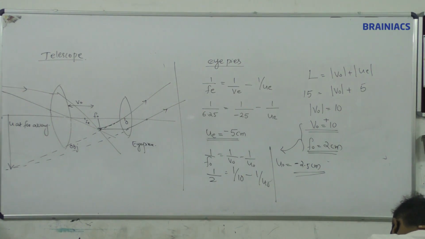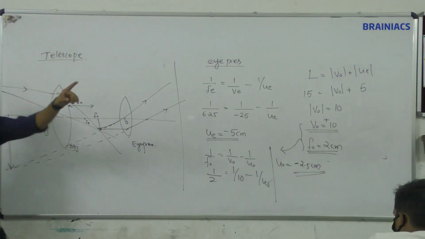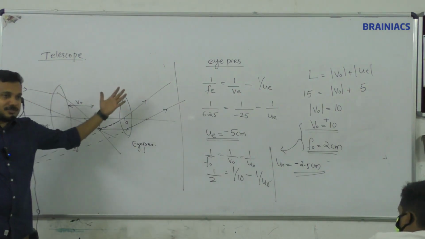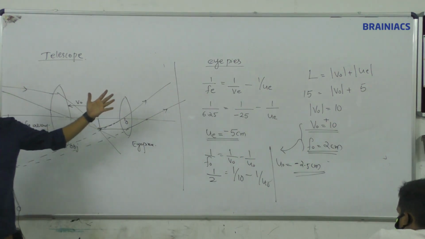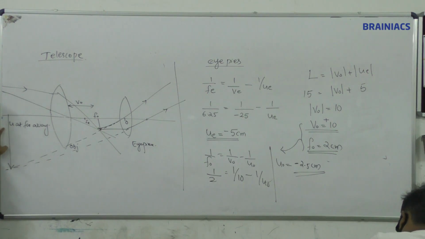Why am I saying it is not zooming? The object is very far away, but comparable to that, the image is not very far away. So I am not zooming the image. Actually my image is a diminished image only. If I am looking at a star, what is the size of the star? Too big. But comparable to that, my image size is small only.